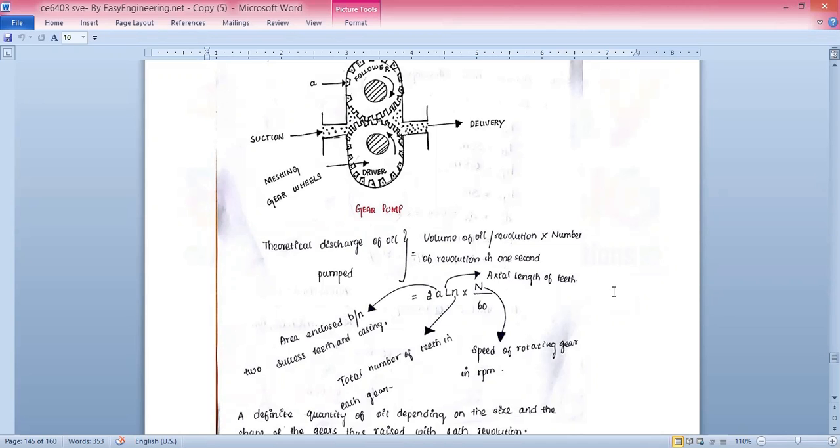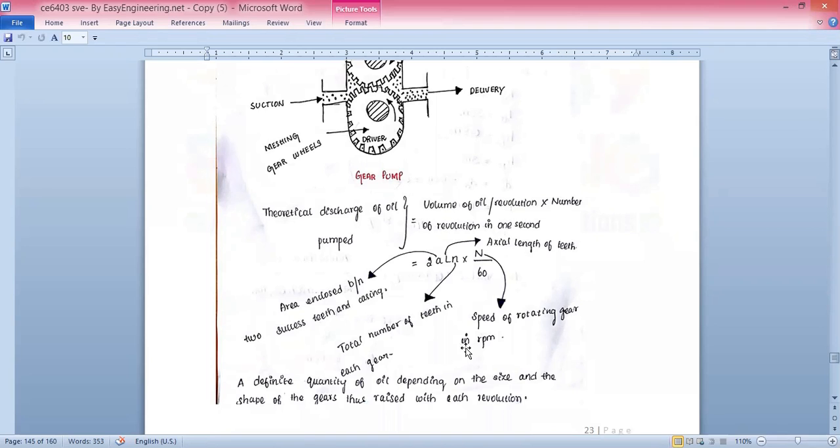In the calculation part, the theoretical discharge of oil is given by the volume of oil per revolution into the number of revolutions in one second. Theoretically it is given by this equation: theoretical discharge of oil pump is equal to 2 A L n into N upon 60, where A is the area enclosed between two suction teeth and casing, L is the axial length of teeth, N is the speed of rotation of the gear in RPM or revolutions per minute, and n is the number of teeth in each gear.